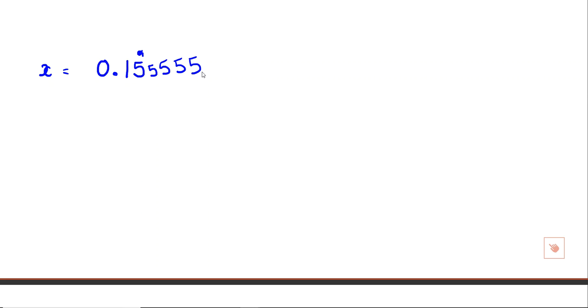So we need two numbers related to x that have only the recurring bit in the decimal places. So I'm going to do 10x, which gives me 1.5555. Are you okay with that?